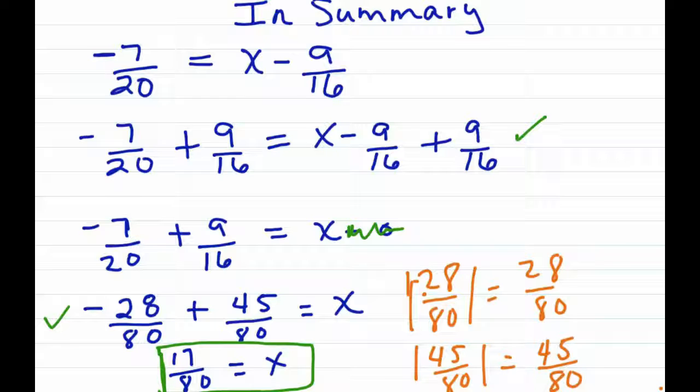Now notice that although we have the same denominator, we have different signs, and when we add different signs, we have to subtract the absolute values, which is what I've just shown you here, just for a reminder. The absolute value of negative 28/80 will equal a positive 28 over 80, and so on.